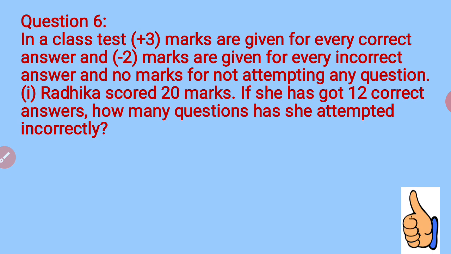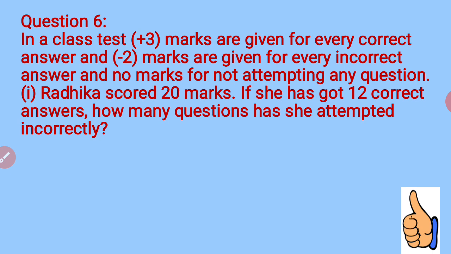Let's proceed. Question number 6 goes as: in a class test, +3 marks are given for every correct answer and -2 marks are given for every incorrect answer, and no marks for not attempting any question. So, if a child makes a question correct, he is entitled to get +3 marks.